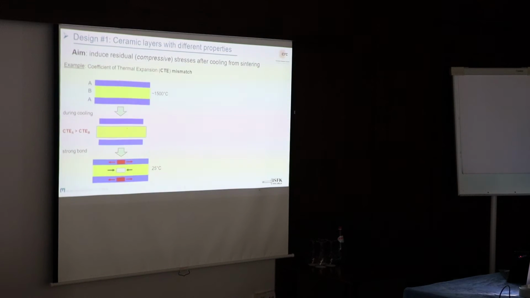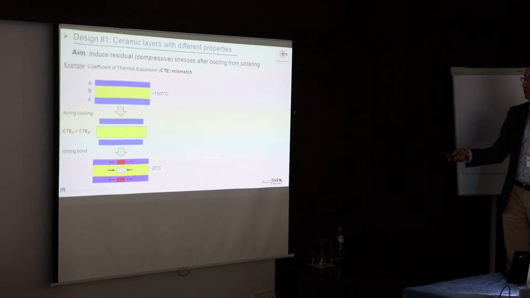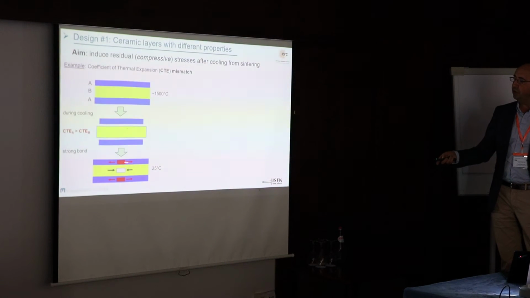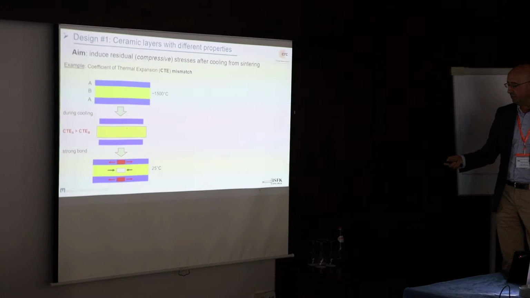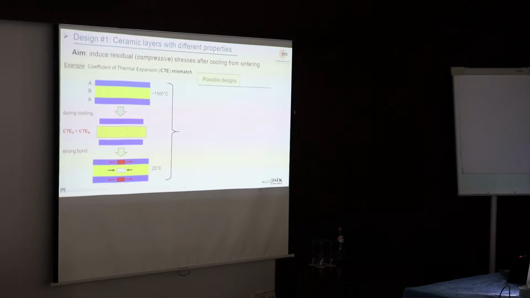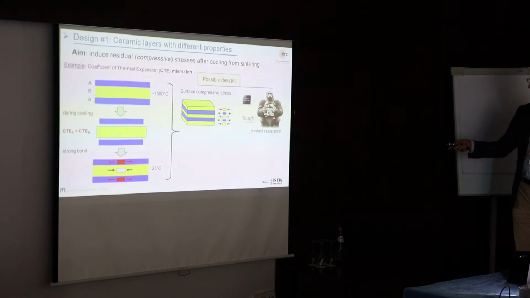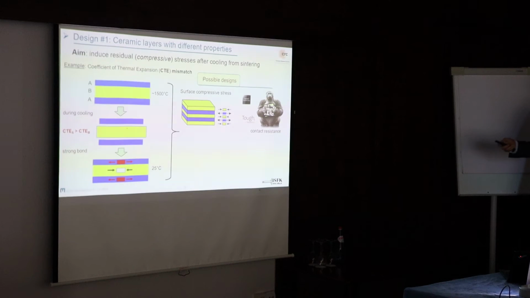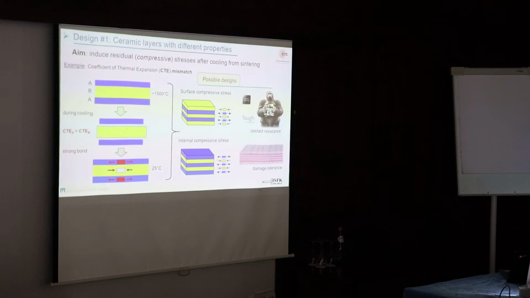At the end of the day, what you want is materials that are strongly bonded, and due to the different CTEs, you can have residual stresses. And depending on how you alternate the layers, you can have a Gorilla-like approach where the compressive stresses are on the top, and you can avoid some contact damage, for instance, or make it more scratch resistant.